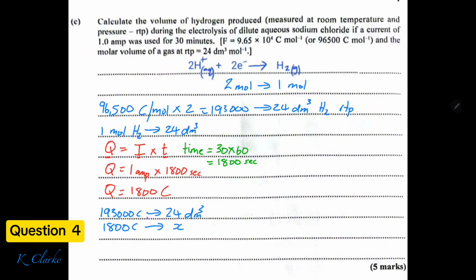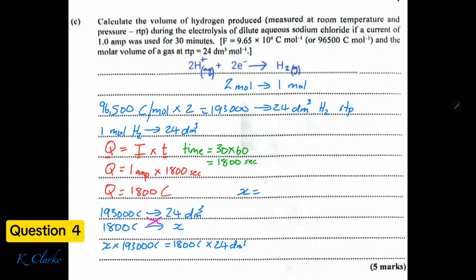Now we are going to cross multiply. So X multiplied by 193,000 coulombs equals 1,800 coulombs multiplied by 24 dm³.